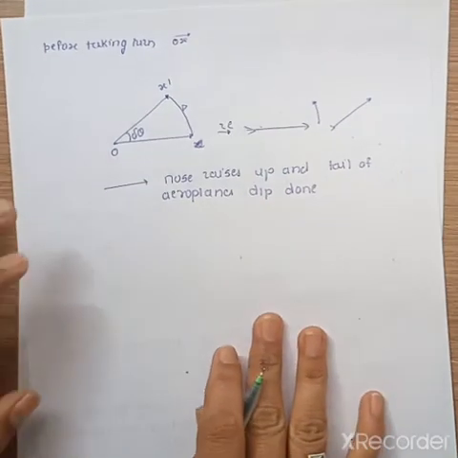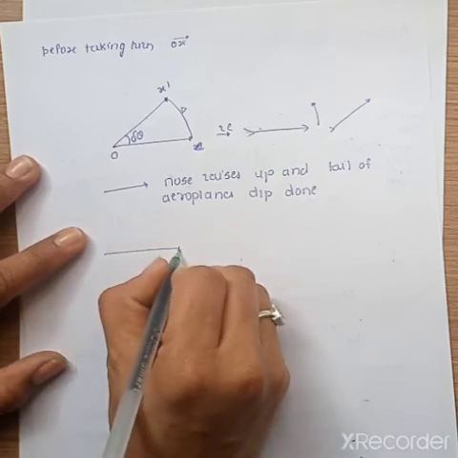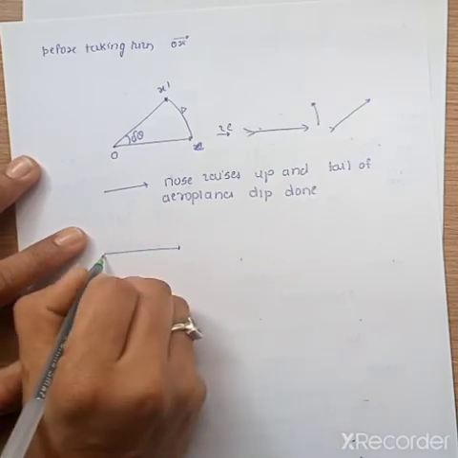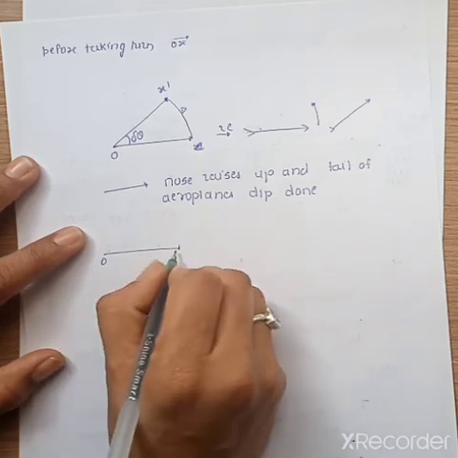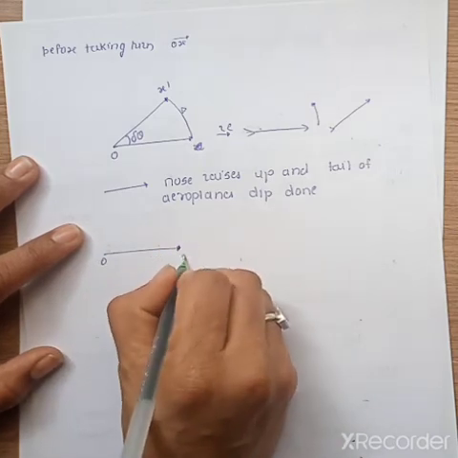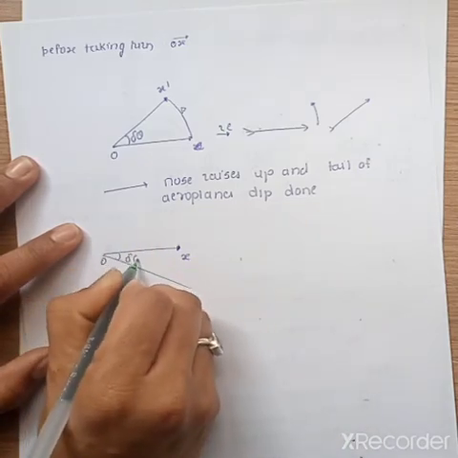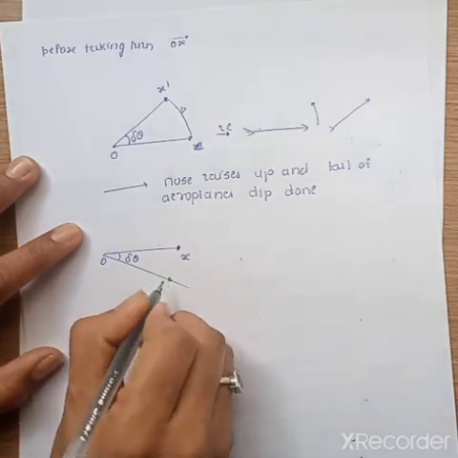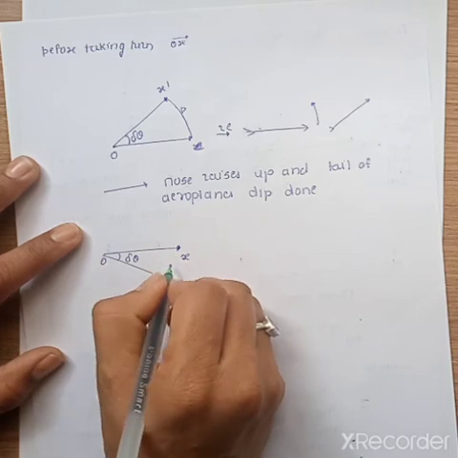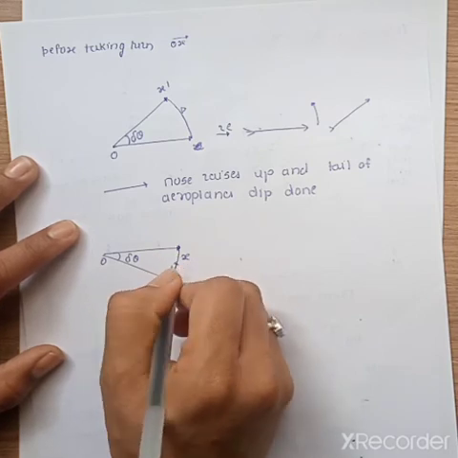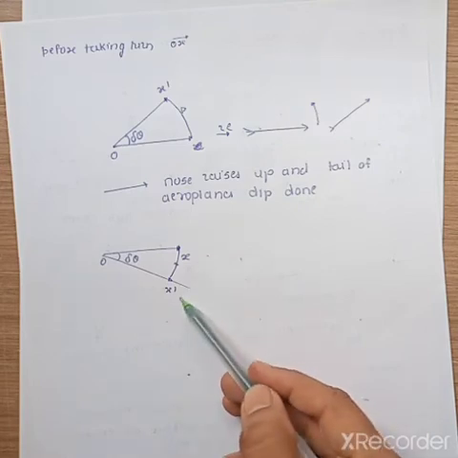Now we will take another case, that is, suppose this aeroplane takes a left hand turn when seen from the rear end. When it takes a left hand turn, suppose this is the initial axis, that is the initial angular momentum is represented by vector OX, and suppose it takes a turn by angle delta theta, okay, then the change in angular momentum will be OX dash, and the change in angular momentum will be represented by x dash, okay.